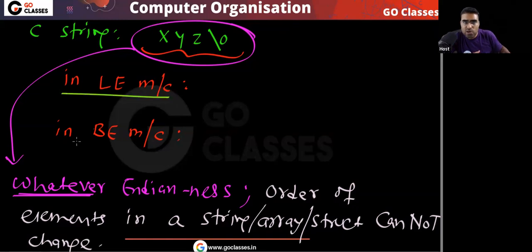So in the little endian also, in the big endian also, what will your answer be? And you can see the individual items are 1 byte.